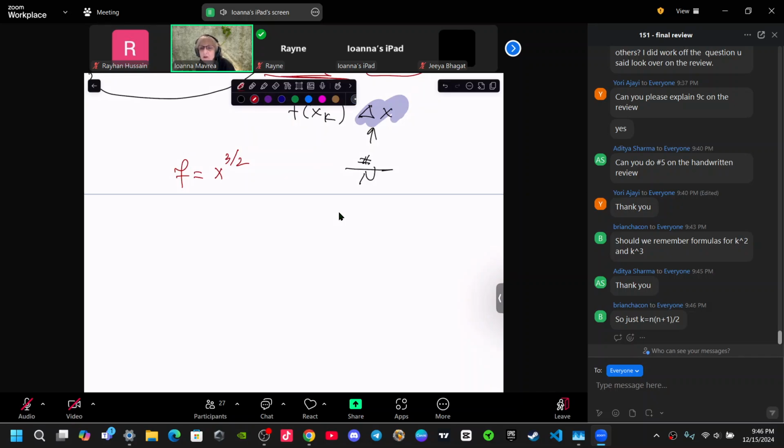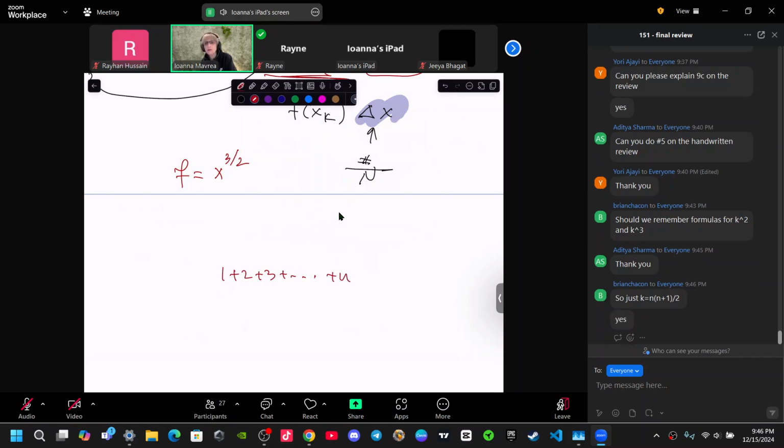What do you mean K equal to? K is not equal to that. I see what you mean. Do you mean this 1 plus 2 plus 3 plus all the way to n? Yeah, okay. That is equal to that.